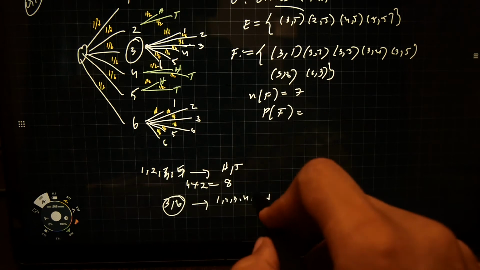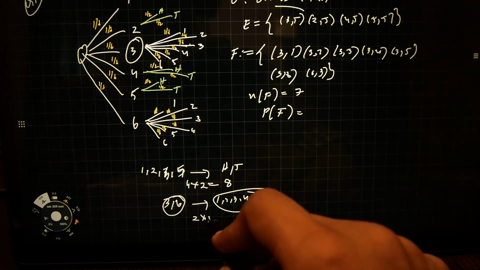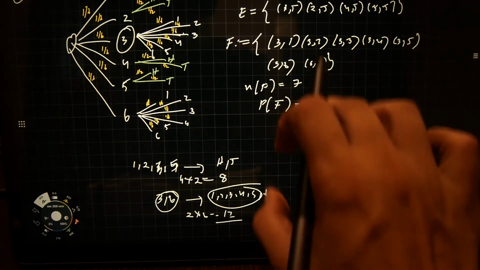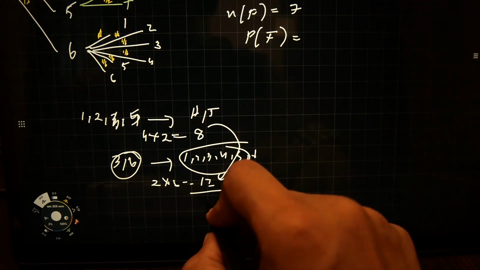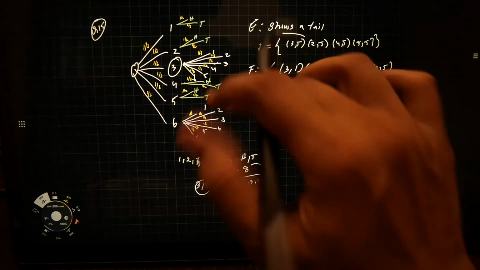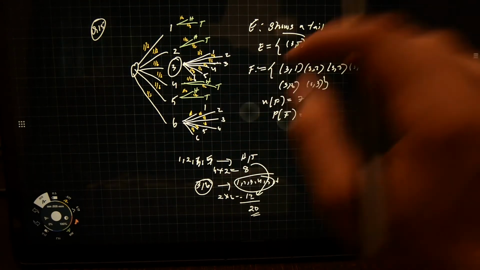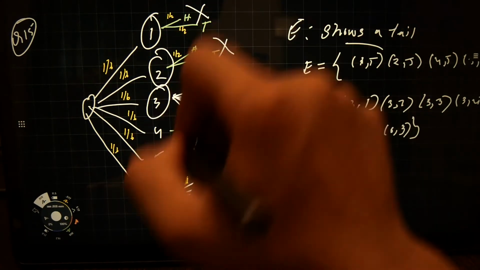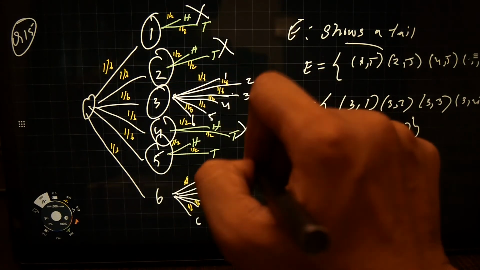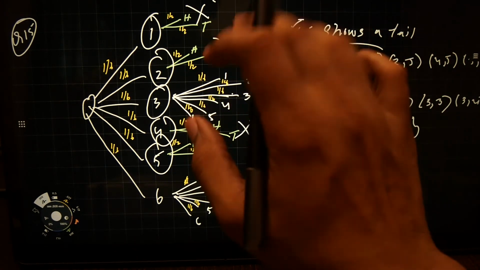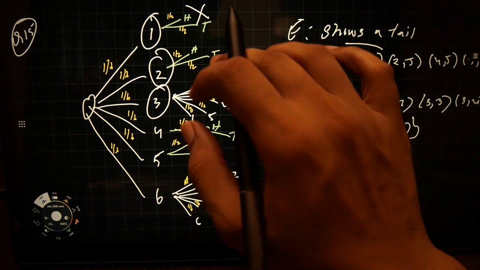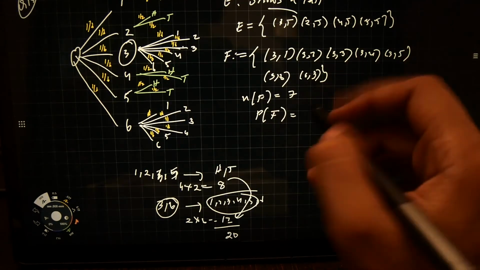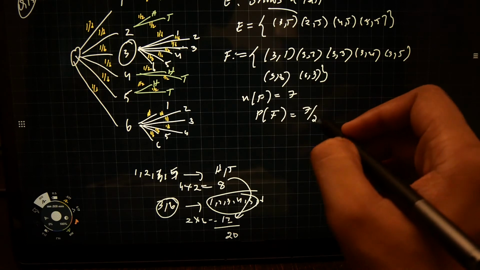So 2 elements will give you 2 into 6, 12. The total number of outcomes is 8 plus 12, 20 outcomes. So P of F will be 7 out of 20.